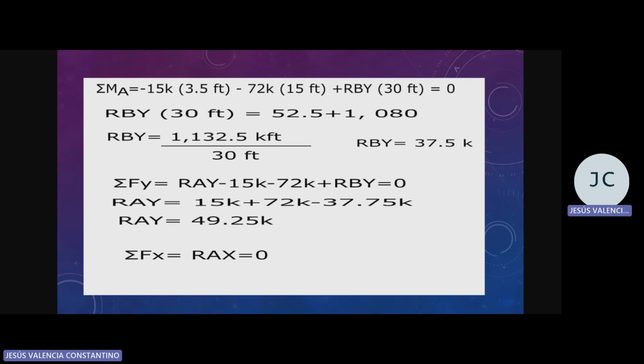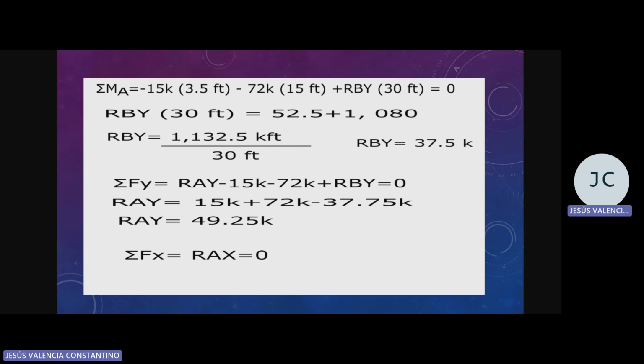Finally, the RBY component creates a positive moment and is multiplied by 30 feet. All of these equal 0. Solving the equation for the unknowns reveals that RBY is equal to 37.75 kilos.